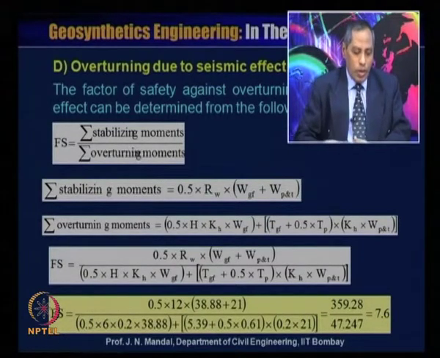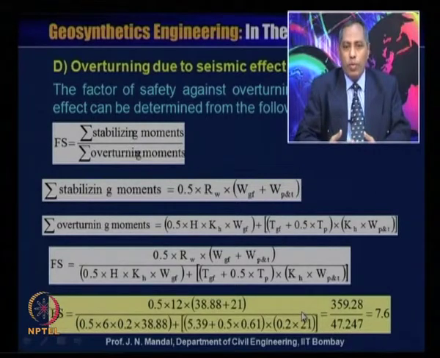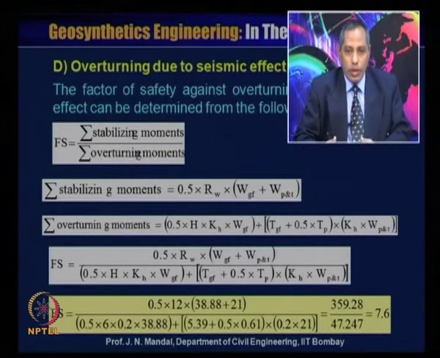So, now we know that RW is equal to 12 meter, it is given. So, 0.5 into 12 into (WGF, the weight we have calculated, that is 38.88, plus WPT, that is the weight of the normal pressure and the traffic load, which also is given as 21).